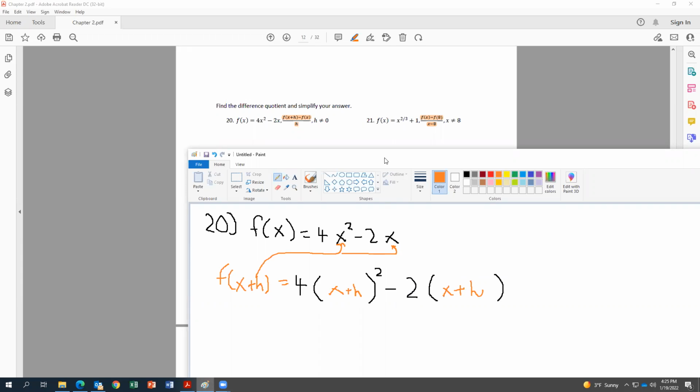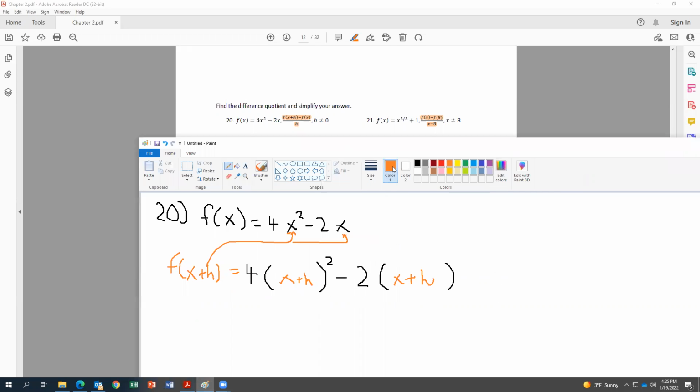So what we need to do here is some FOILing. You do x plus h times x plus h, because that's the meaning of x plus h squared. You have to FOIL it out. So go ahead and FOIL this.